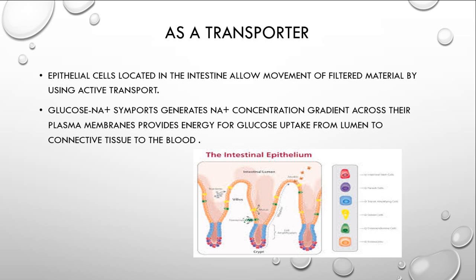So we see that epithelial cells are very important, and they have a broad range of functions in our body. Even right now, I'm blinking my eyes and my tongue tastes funny. All these are functions of epithelial cells.